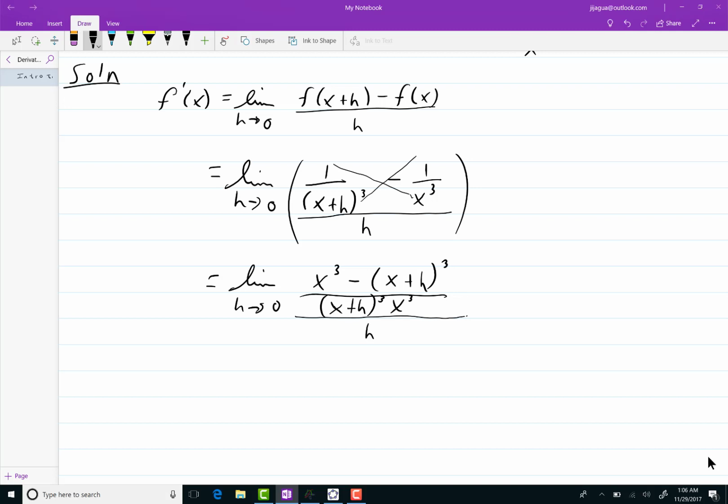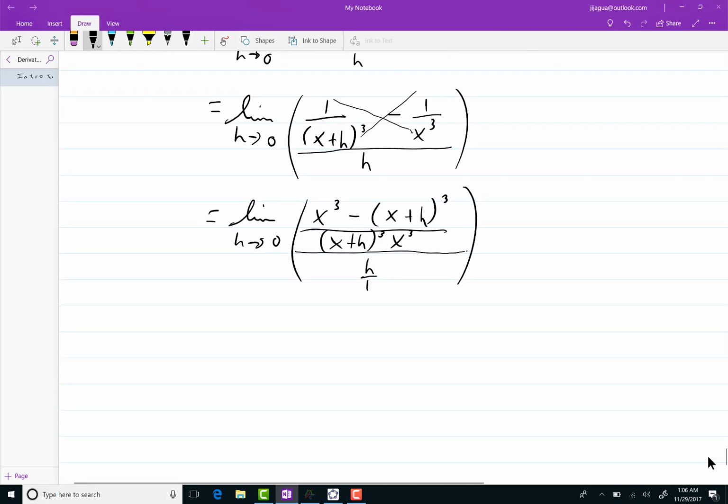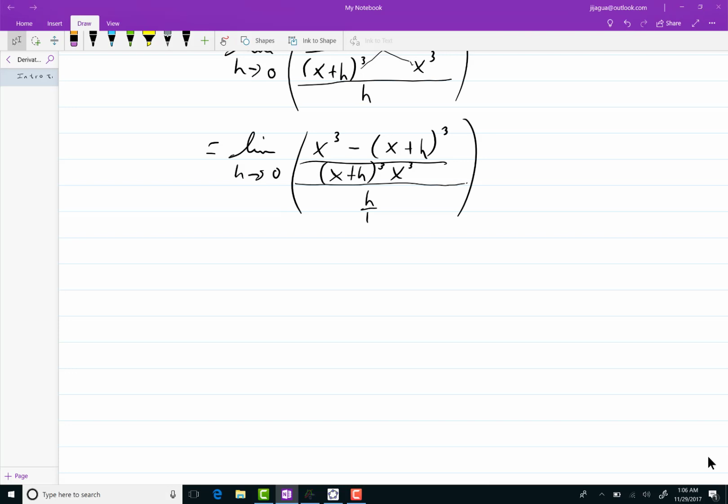Well, how do you work that thing? Well, it's probably easiest if you think of this h down here as being h over 1. This just destroys my students so many times. It's basic algebra. If you take a fraction, divide it by a fraction, you multiply by the reciprocal of the fraction. This is what you get.